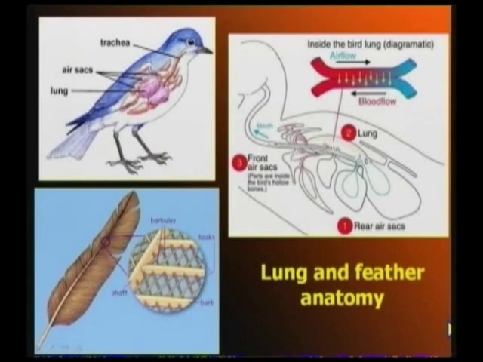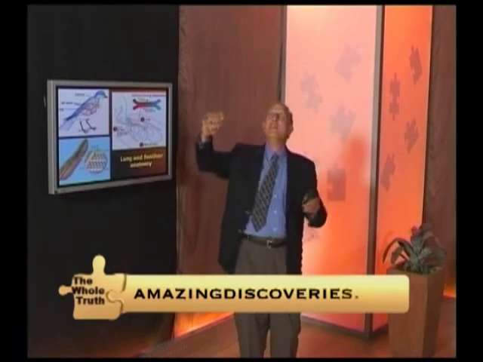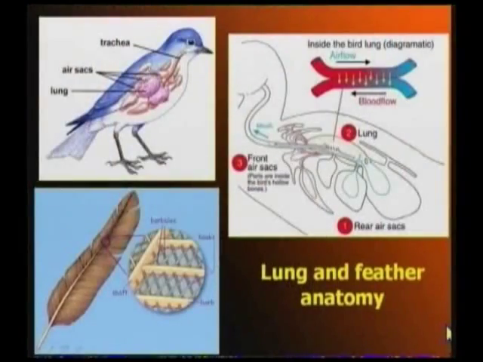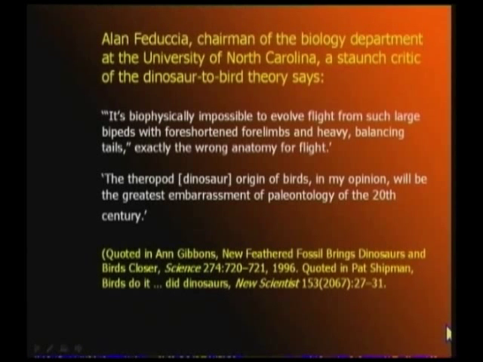That's why we need oxygen tanks on top of Mount Everest to survive, and the ducks go flying overhead without a problem. See, they have a totally different lung system, and the complexity of the feather also defies the imagination. These structures appeared suddenly.